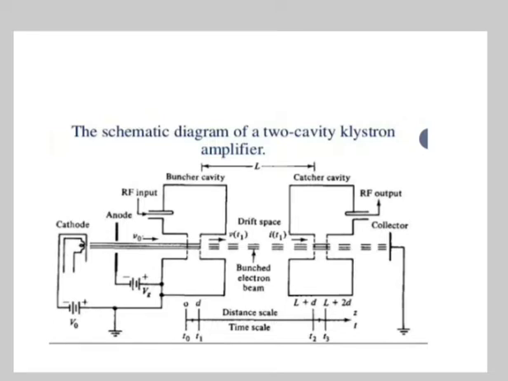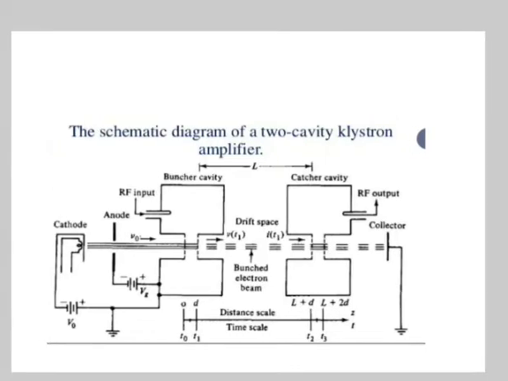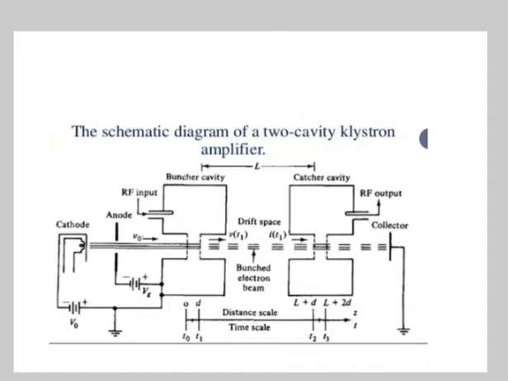The buncher or input cavity is generally kept at the same DC potential as the anode, and the electrons emerging from the buncher grid gap 1 are velocity modulated due to the presence of the RF voltage. The conversion of velocity modulated electrons into density modulation while drifting is called drift space bunching.